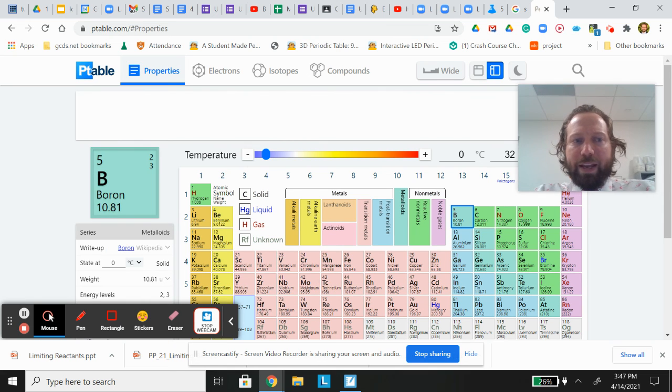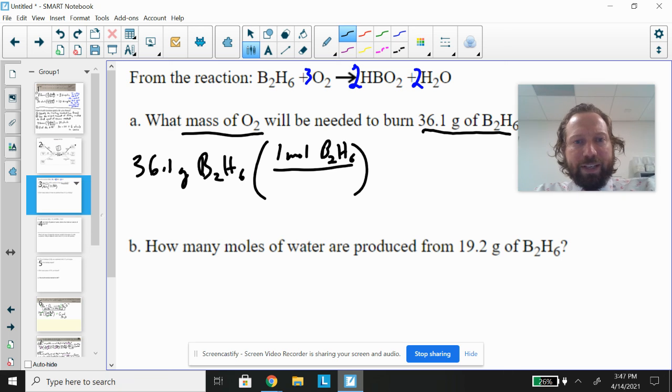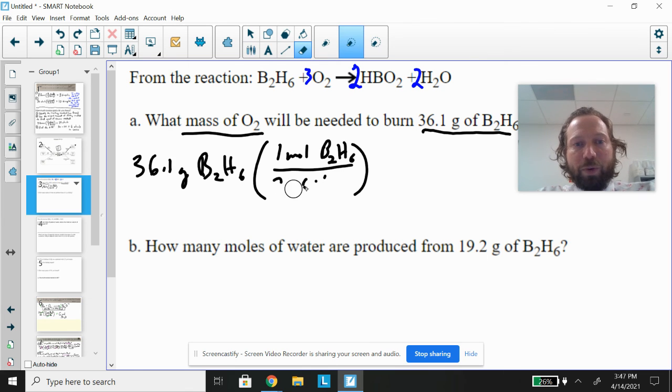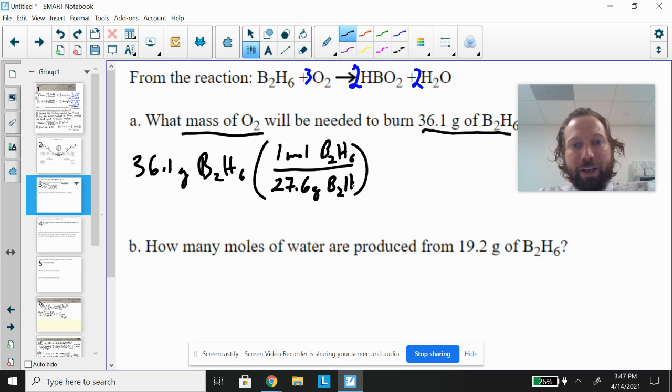Boron is 10.8 and hydrogen is 1. So 10.8 times 2 is 21.6, right? Plus 6 hydrogens, that's 6 there. So that means that we have 27.6 grams of B2H6 for every 1 mole.